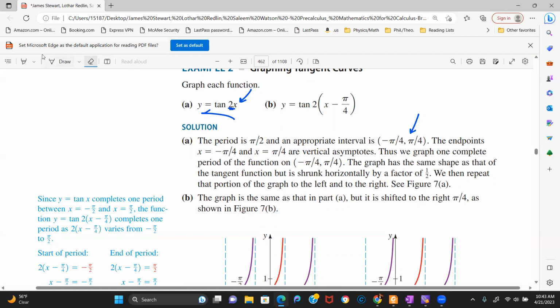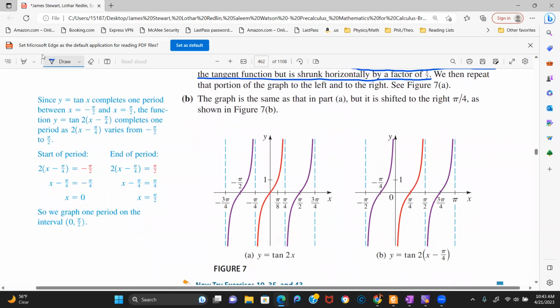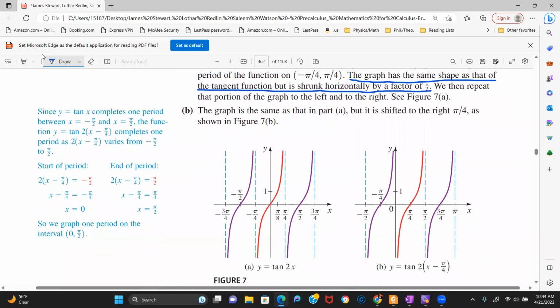So the graph is going to have the same shape as the tangent function, but it is shrunk horizontally by a factor of 1/2. It's hard to even tell the difference, honestly. It looks the exact same.